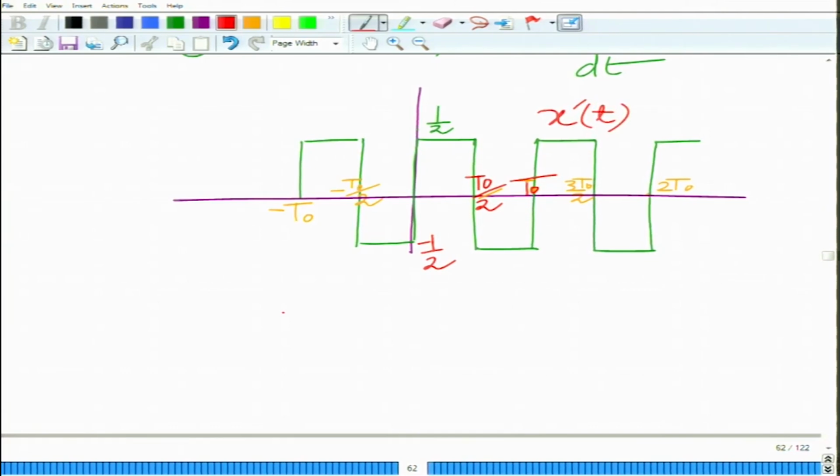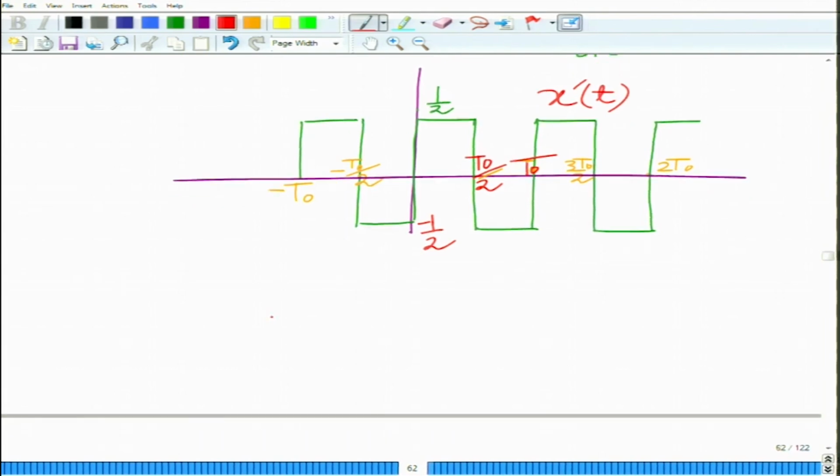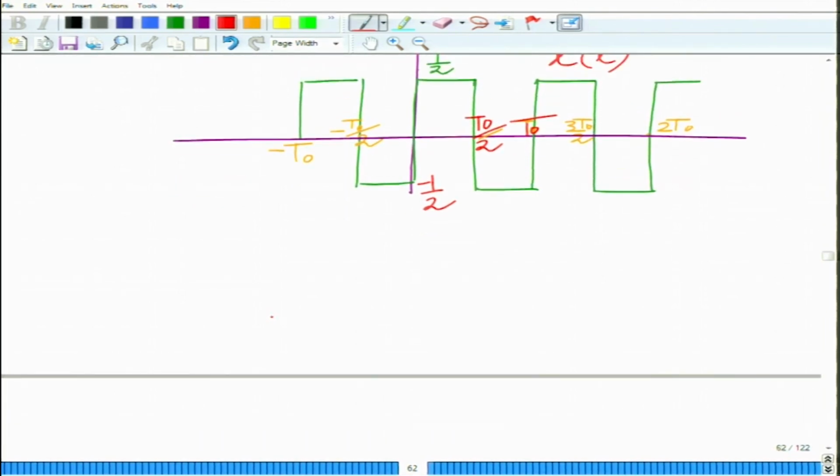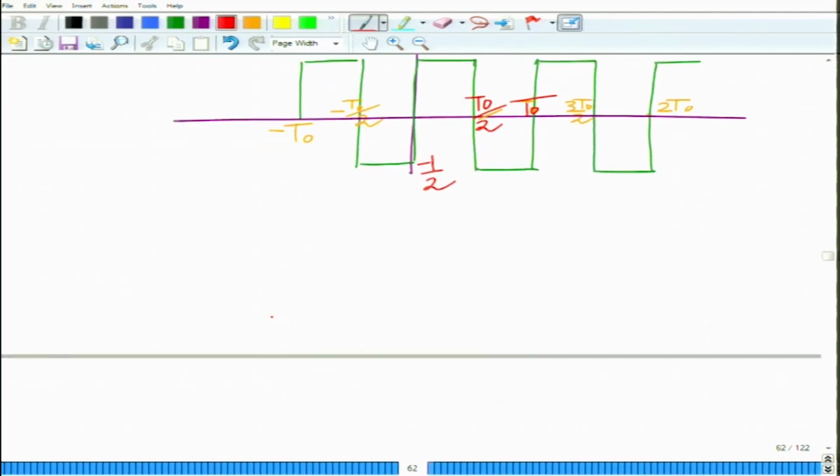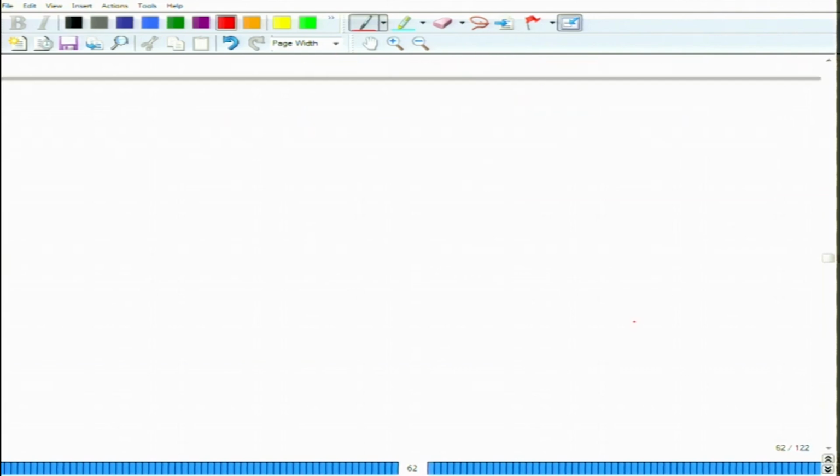Now, let us consider x tilde t, which is x prime t plus half. So, shift this on the y axis by half, push it up, add half. If you consider x tilde t equals half plus x prime t, you will observe something interesting.